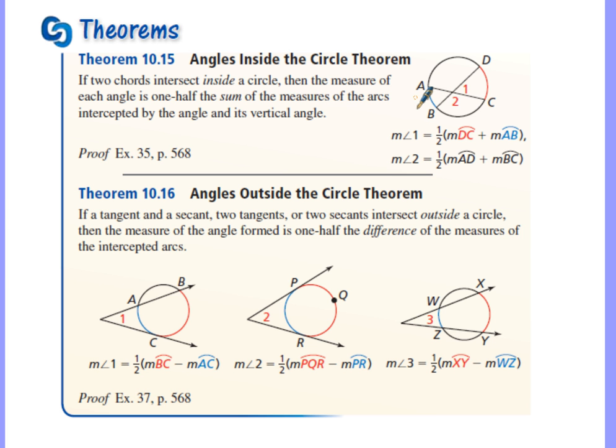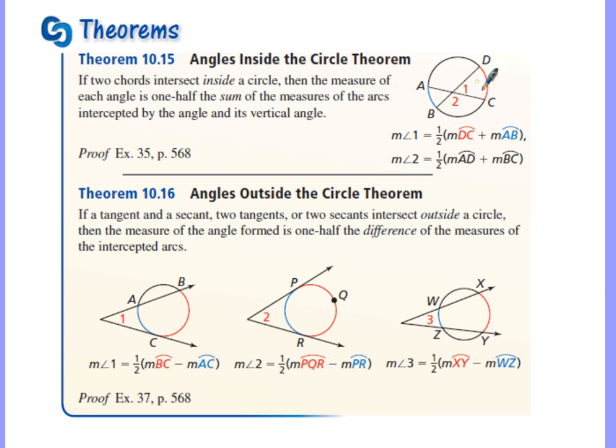Now, I'm going to say a term here that is not a real math term, but it's always helped my students in the past in remembering these theorems. I always tell them it's just like it was for vertical angles. We usually know that there's a connection between vertical angles as being congruent, and so what I always tell them is that this is basically the concept between the vertical arcs, right?